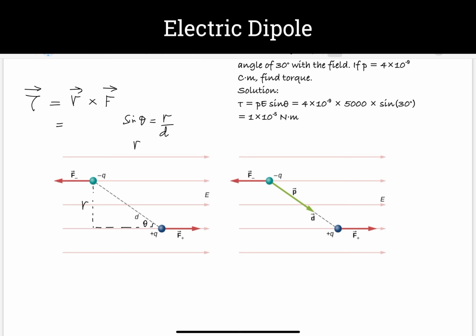So r is d sine theta. Therefore, when you plug it back into this formula, torque is going to be d sine theta times F. Do you see that? So it's going to be d sine theta times F.